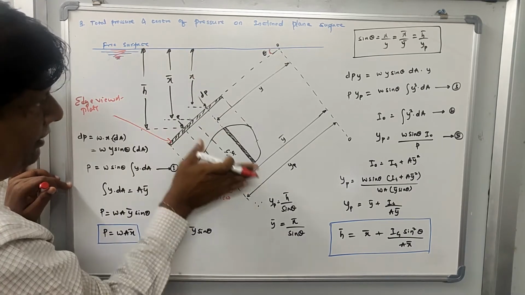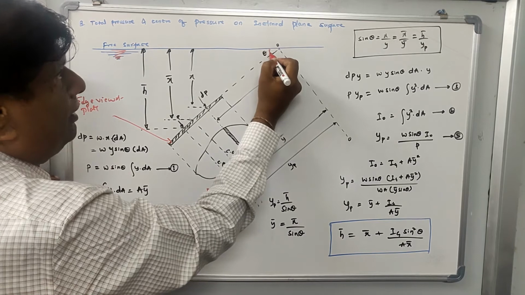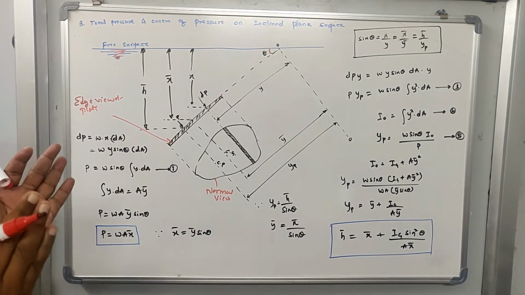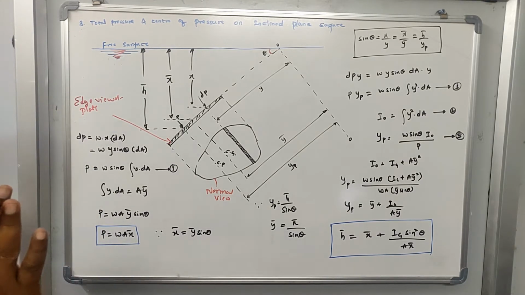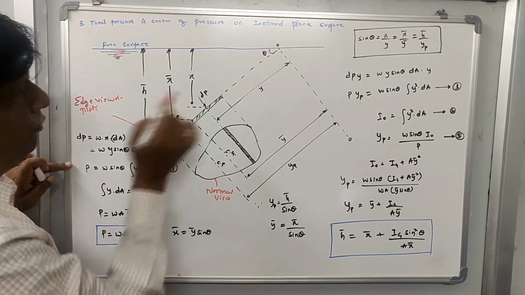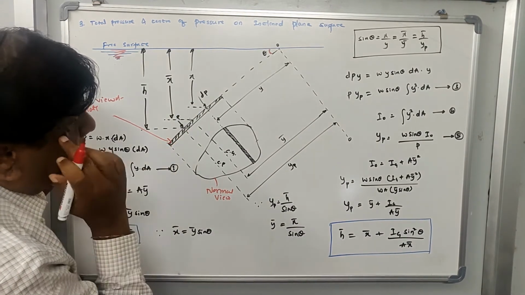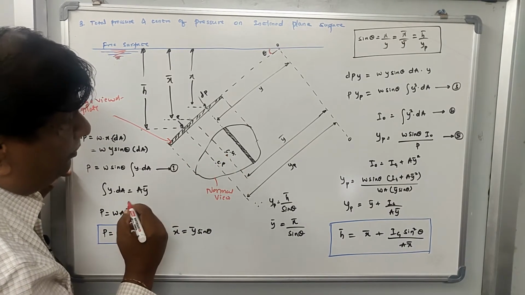Theta is the angle of inclination, the angle between the plate and the free surface. So this is the edge view. Let us take this as the CG point of the plate.